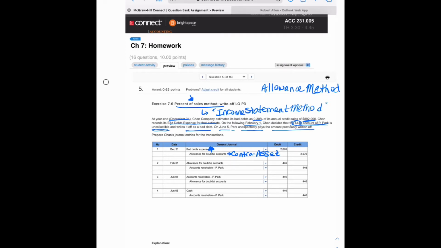So let's just see here, and I'm just going to make up nice clean numbers, and I'm not going to use these. Let's just imagine for a second I had accounts receivable of $1,000, and I had allowance for uncollectible accounts of $200, which would give me a net realizable value of $800.